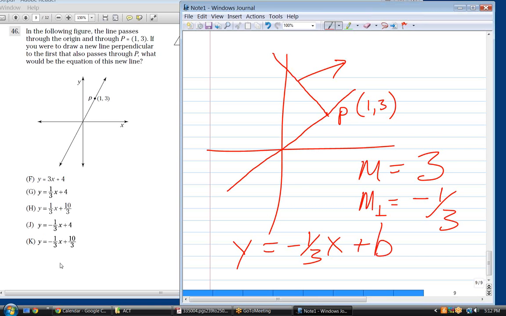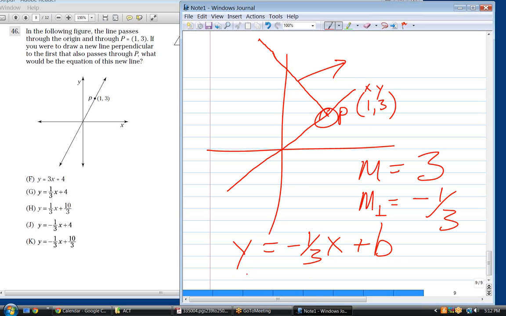Let's see. I was thinking of plugging in the point (1, 3). This line goes through that point. Therefore, whatever the equation is, has to be true for this x, y value. So you plug them in. Exactly.